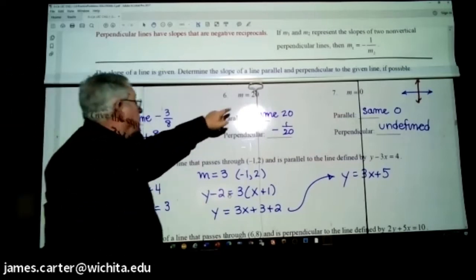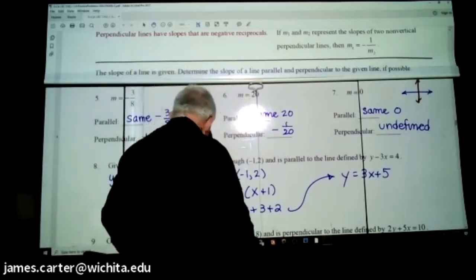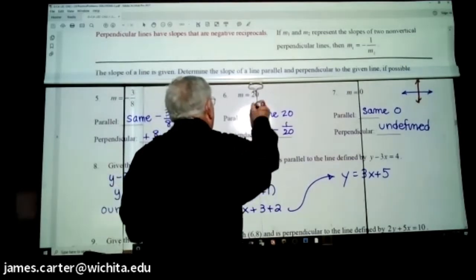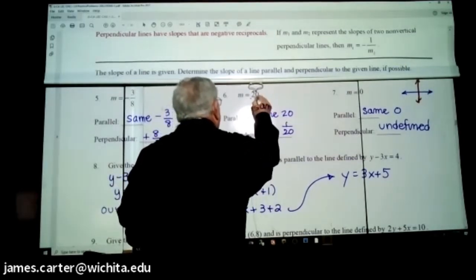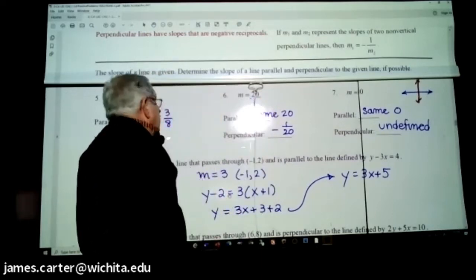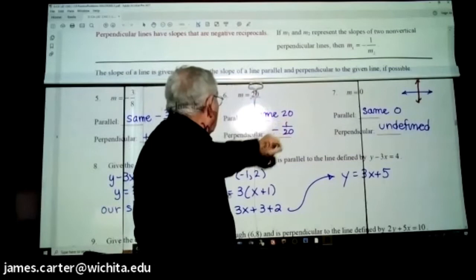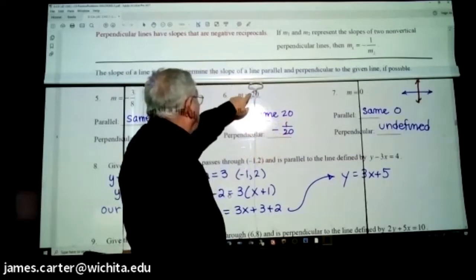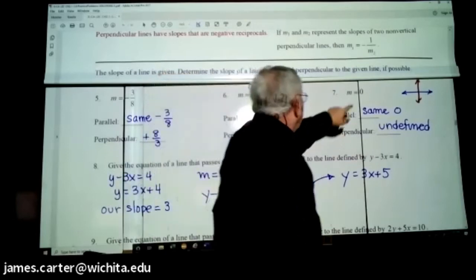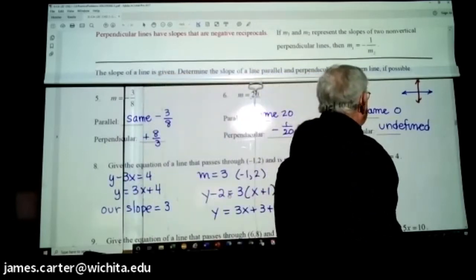Okay, on number 6, there is a hidden over 1 here. So same, perpendicular, opposite sign, reciprocal. If the slope is 0, that means it's a horizontal line.